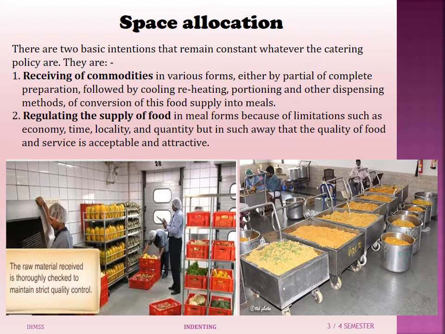Number one, receiving of commodities in various forms, either by partial or complete preparations followed by cooling, reheating, portioning and other dispensing methods of conversion of this food supply into meals. Number two, regulating the supply of food in meal forms because of limitations such as economy, time, locality and quantity, but in such a way that the quality of food and service is acceptable and attractive.